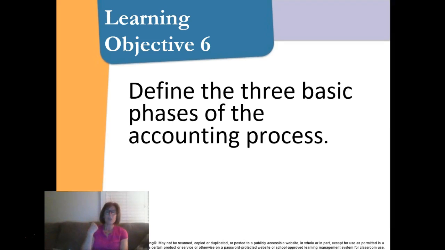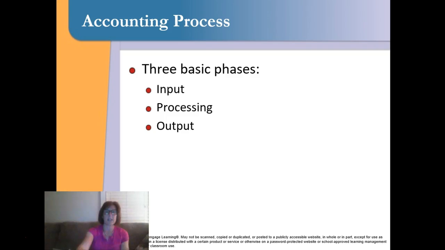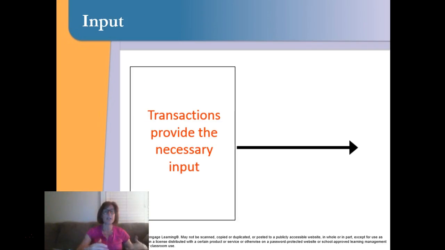So we're going to just kind of summarize and look at the 3 basic steps to the accounting process. And these consist of input, processing, and output. Our input is the transactions that we did. It's the expenses we paid, the services we sold, the bills we paid, the liabilities that we incurred and maybe paid, customers who paid us.